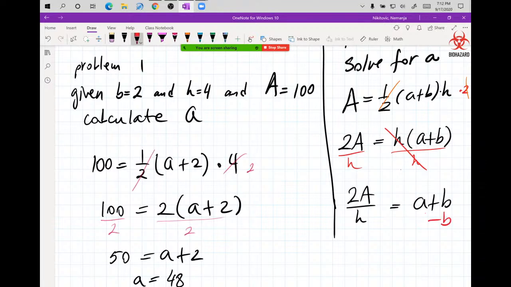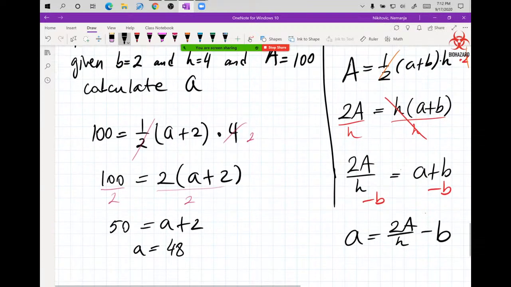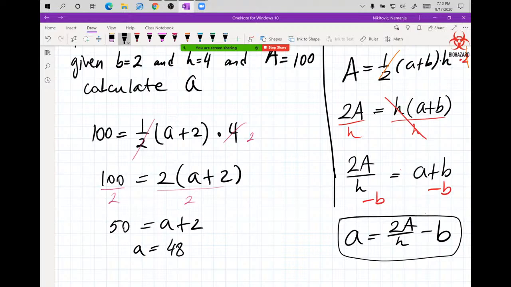Subtract b. So a equals 2a over h minus b. And here you go. A is now alone. So that's the problem of solve for a, to get a alone.